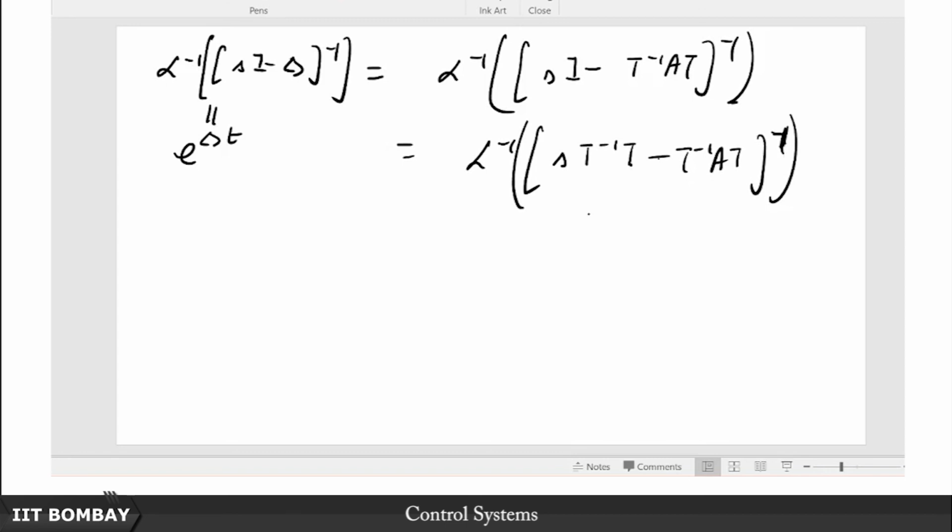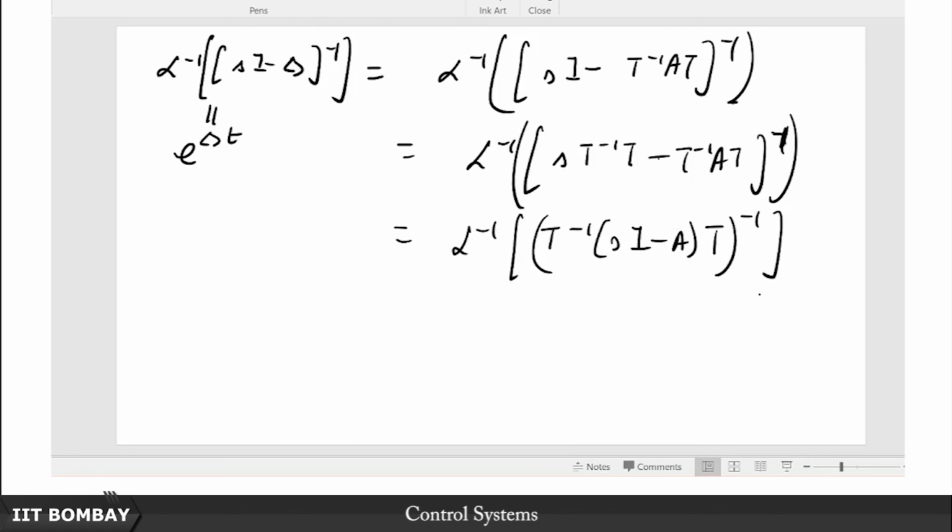Then again we pull out this Laplace inverse and we pull out this T inverse (sI minus A) and this T here, and this whole fellow's inverse we take, and then what we get is basically again we apply the inverse in the reverse order.